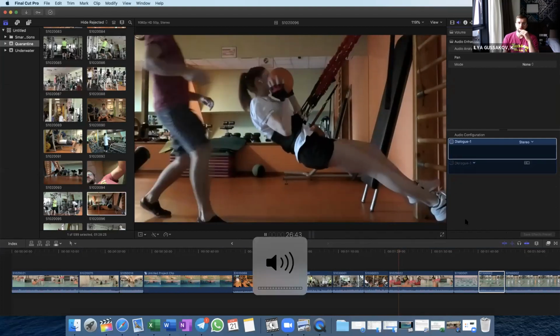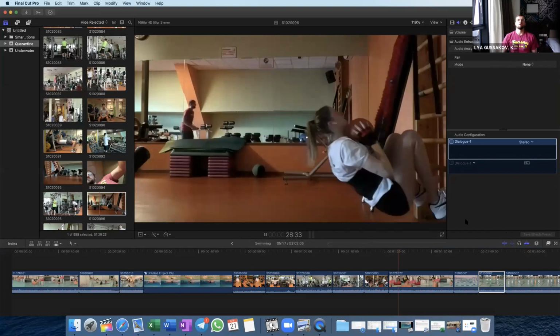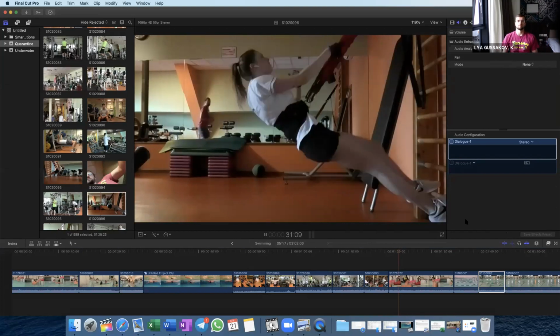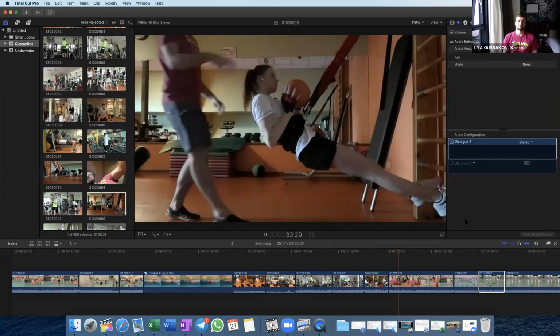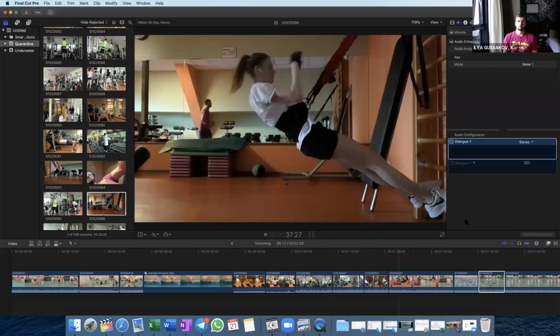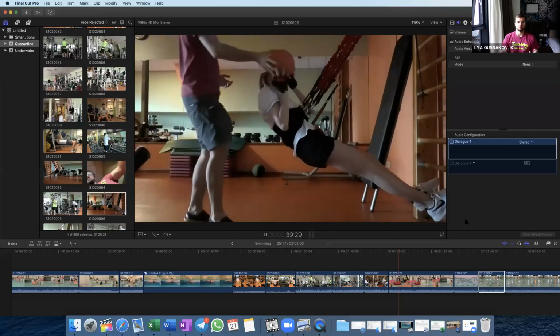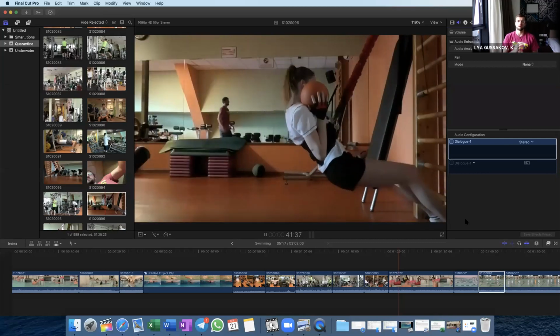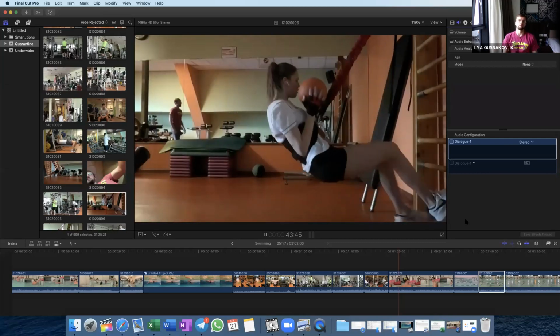So she's just throwing the ball backward.